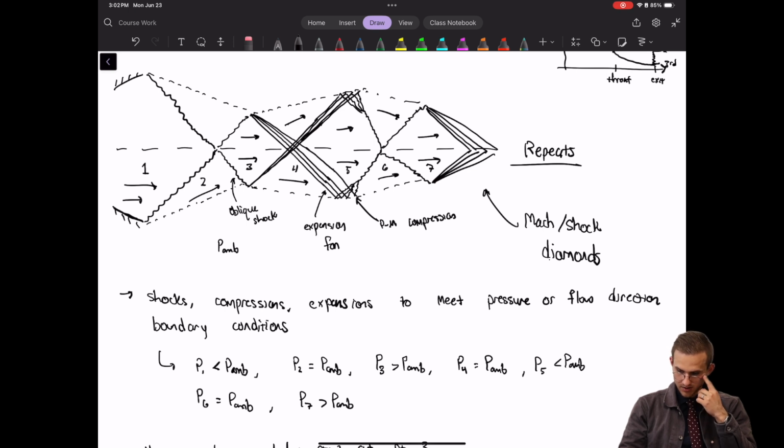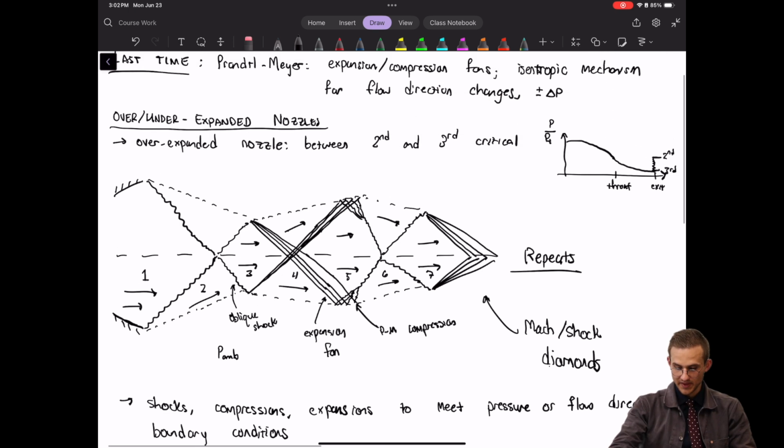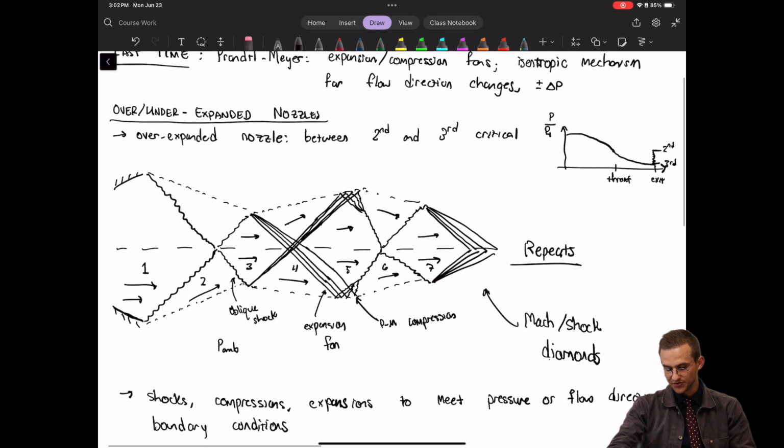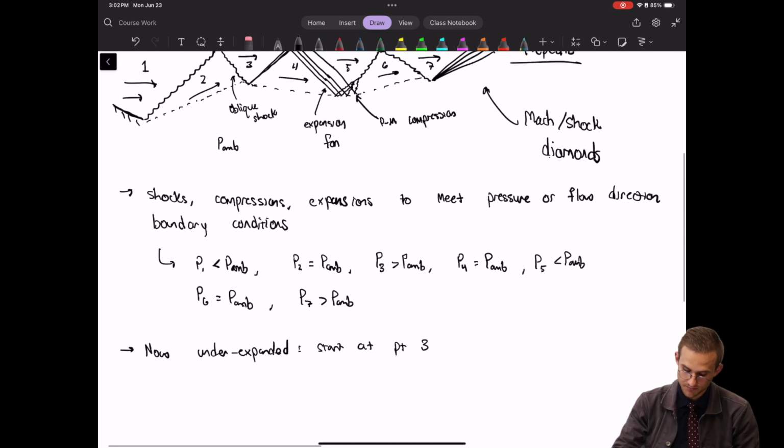Our pressure at 3 is too high, and so we need to go through some sort of expansion. The reason they call it underexpanded is because you followed this third critical pressure line to the exit, and it's still not a low enough pressure to meet the boundary condition. So you need to go through a Prandtl-Meyer expansion right as you exit the nozzle.